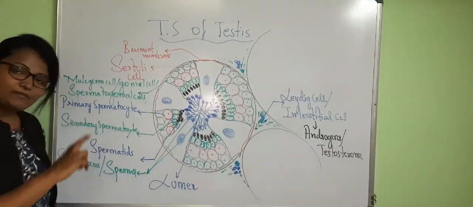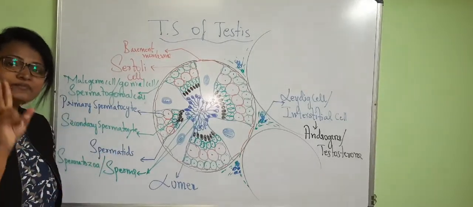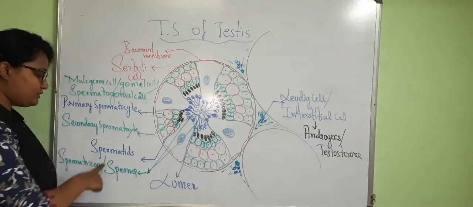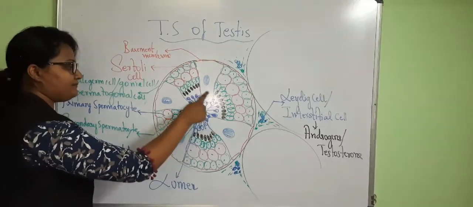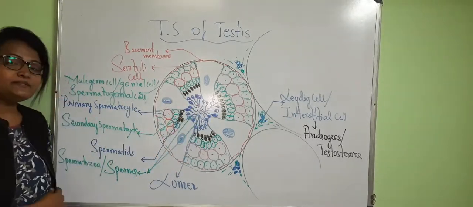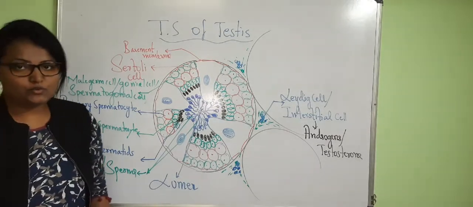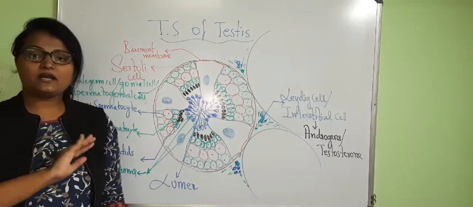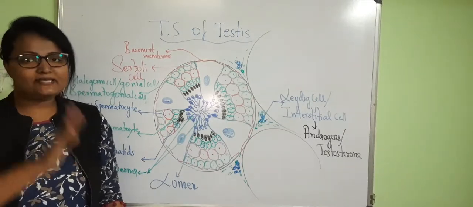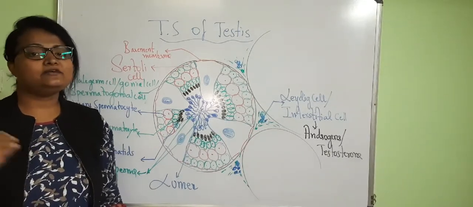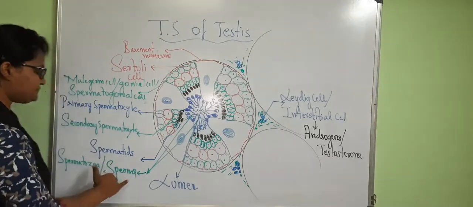These secondary spermatocytes again undergo second meiotic division to form spermatids. Now these spermatids differentiate into sperms. They never undergo division, only metamorphosis or differentiation to form sperms.